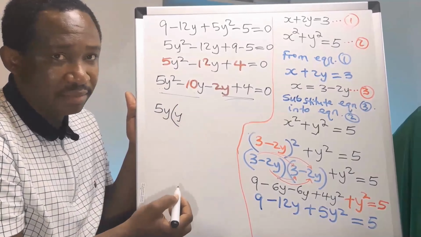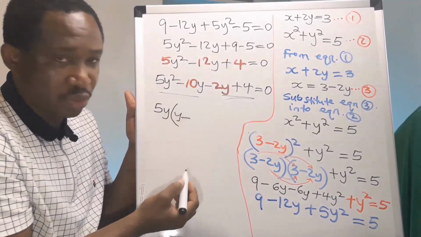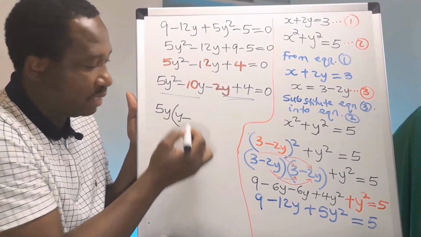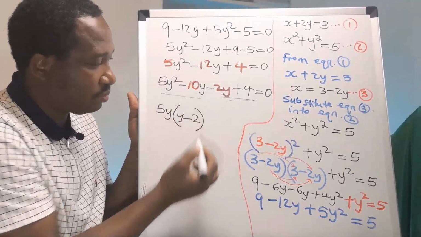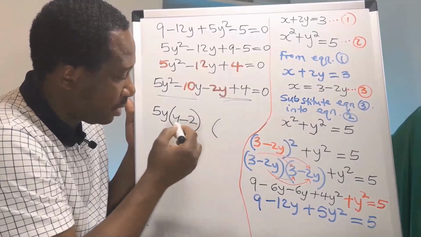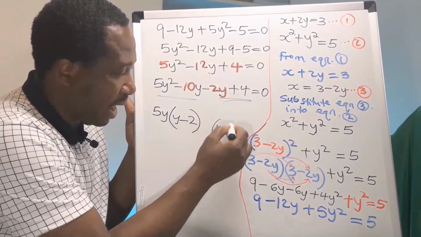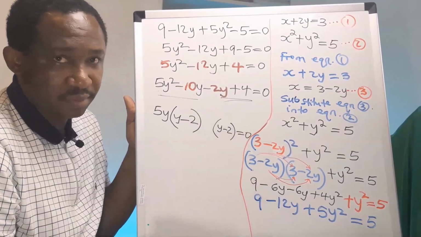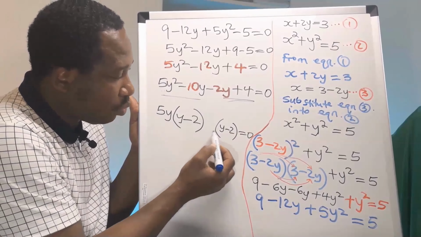It is y. This minus will return. What will I multiply so that I will get 10y? It is 2. Next, I will open a bracket, copy whatever it is here, and paste. Is equal to 0.